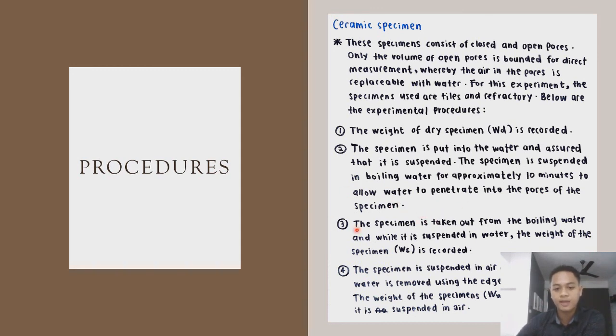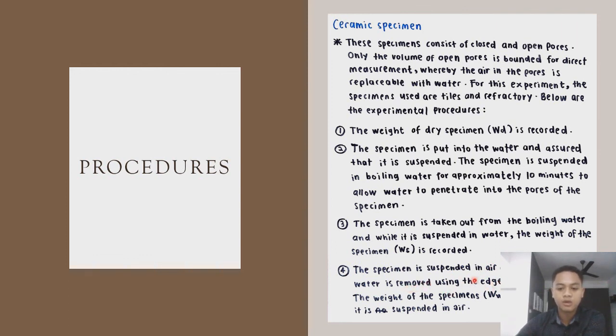And the third step is the specimen is taken out from the boiling water, and while it is suspended in water, the weight of the specimen, which will be assigned as WS, is recorded. So we have to record another weight here. And the last step is the specimen is suspended in air and the residual water is removed using the edge of a filter paper.